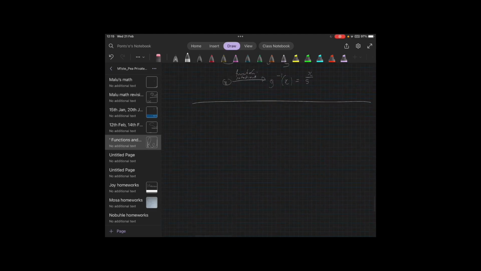So we're gonna do the inverse of a straight line. Inverse of y equals mx plus c, or y equals ax plus q. Q for cute.